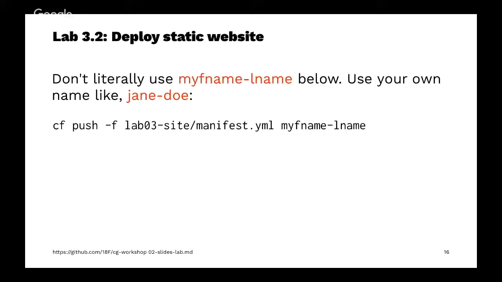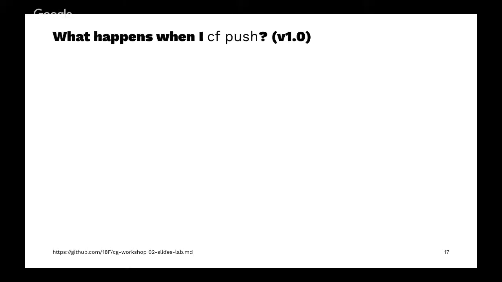So you use this command here, cf push -f, give the path to the deployment descriptor, as it's called, for this site, and then give it your name. Unless your name, my fname, lname, be, I don't know, Tim Harvey or Tim Hayes or whatnot. What happens when you run cf push is several things.